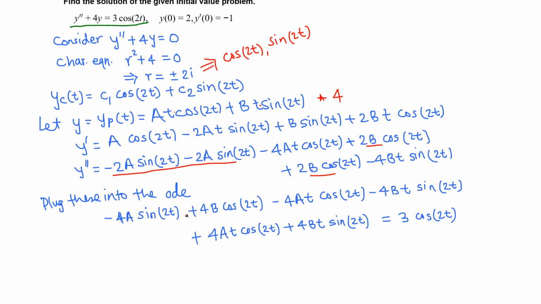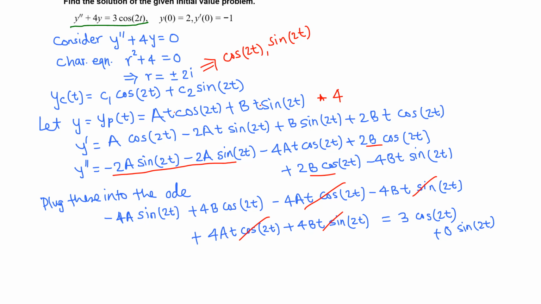Let's look at the left hand side now. We have negative 4A t cosine 2t plus 4A t cosine 2t, which cancel. So we have negative 4A sine 2t plus 4B cosine 2t, and on the right we have 3 cosine 2t. There is no sine, which means we can write 0 sine 2t.